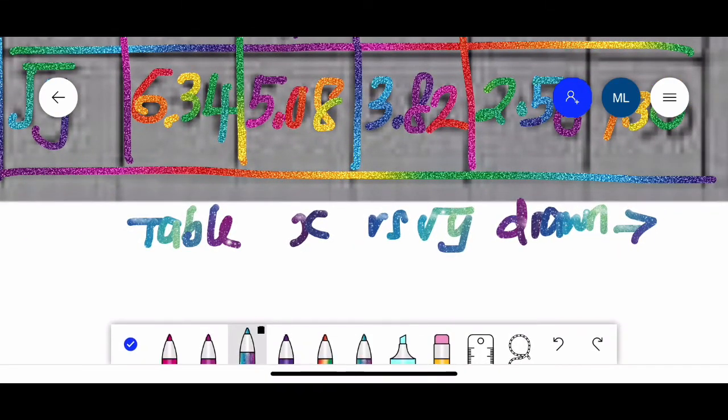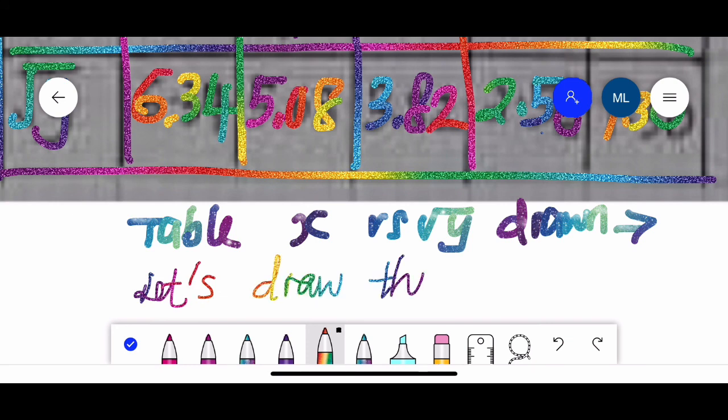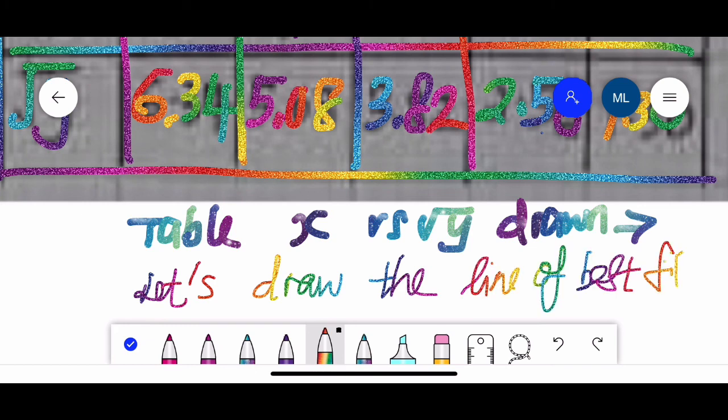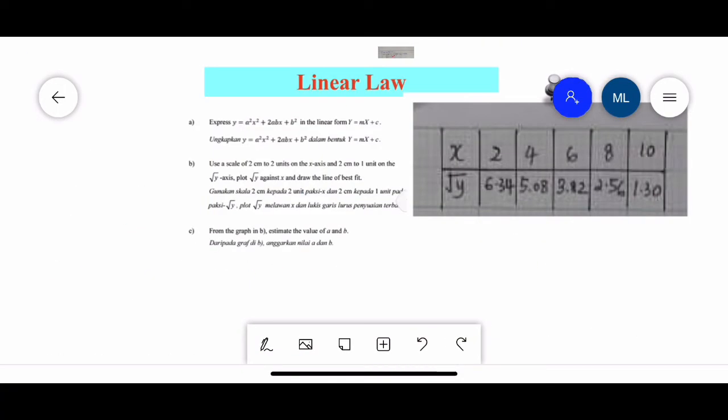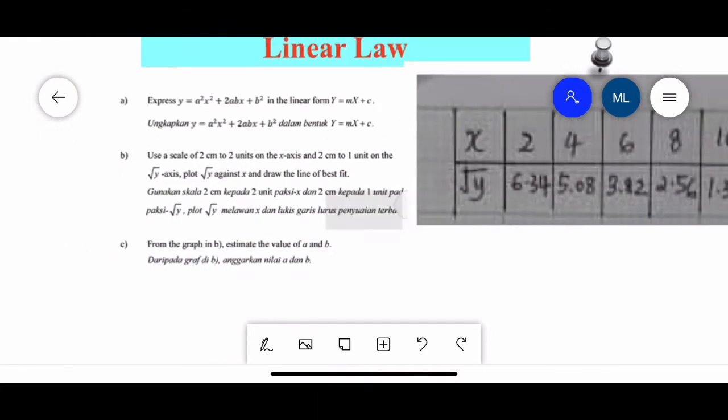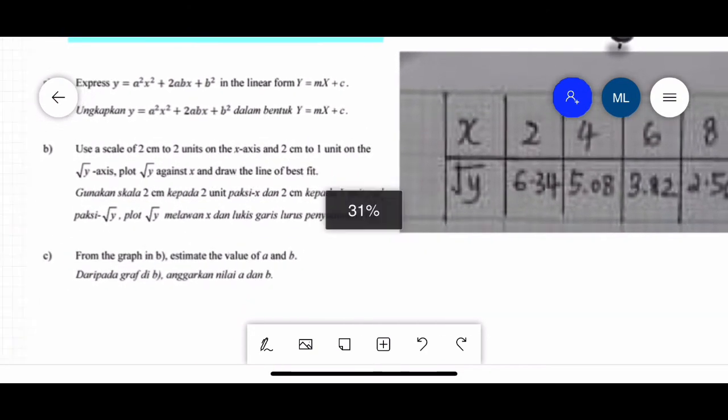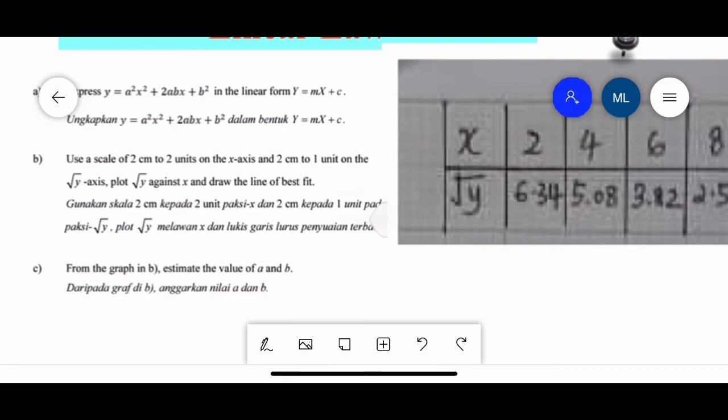Okay, for the graph, it's a must to follow the scale, because if you didn't follow the scale, you will get very bad marks. So please follow the scale and do it carefully. Plot the point carefully. Alright, so for the line of best fit, it means that the line must have all the points balanced.